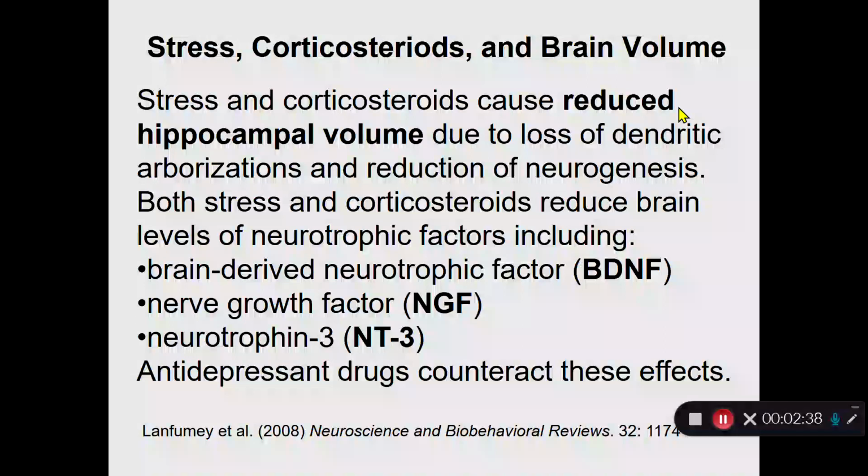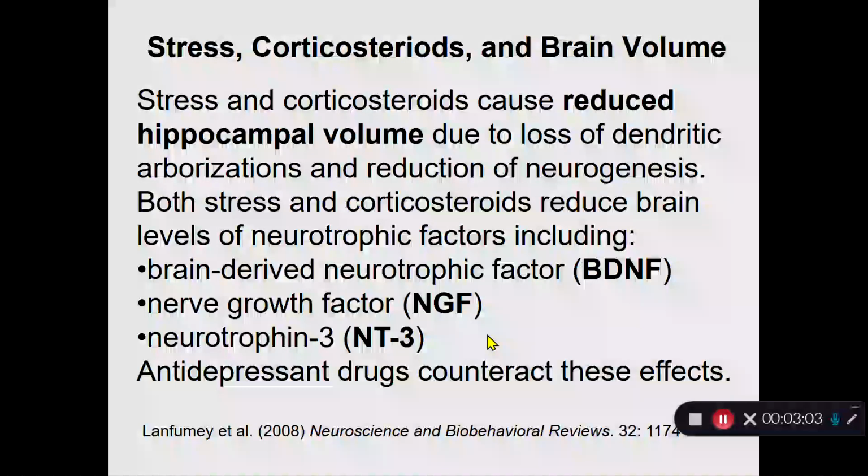How does this happen? Well, both stress and corticosteroids reduce brain levels of neurotrophic factors, including brain-derived neurotrophic factor, nerve growth factor, and neurotrophin-3. So depression causes these neurotrophic factors to decrease, but chronic use of antidepressants can reverse that.